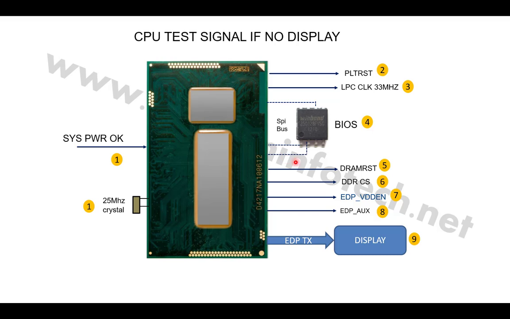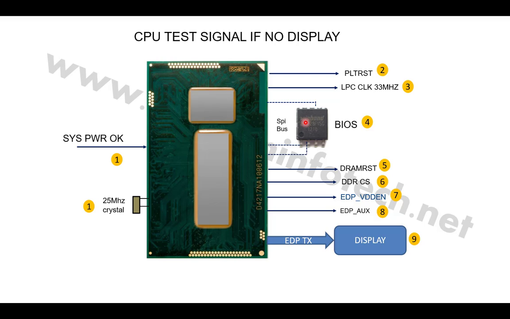If those pulses are coming, then the CPU is responding. If those pulses are not coming, then the CPU is not responding. After that, if the BIOS is perfect, the BIOS is a textbook to the CPU. What the CPU does is read the BIOS and act accordingly, whatever the BIOS says.